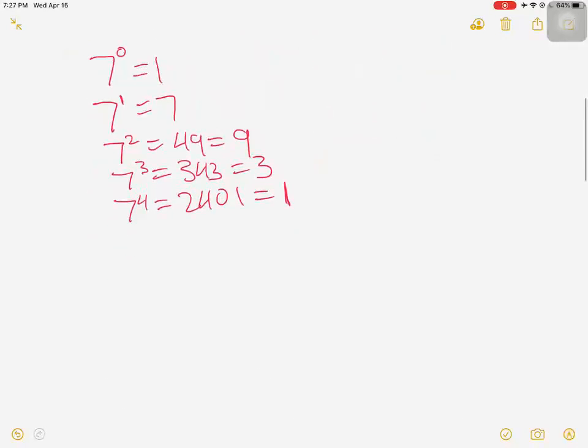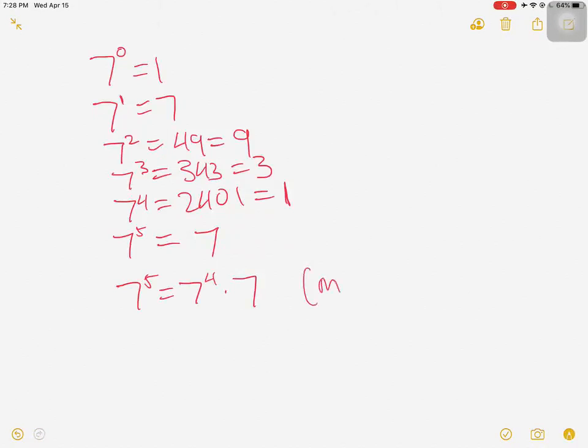And if we go to 7 to the 5, we'll notice that it's also 7. Because 7 to the 5 is equal to 7 to the 4 times 7.